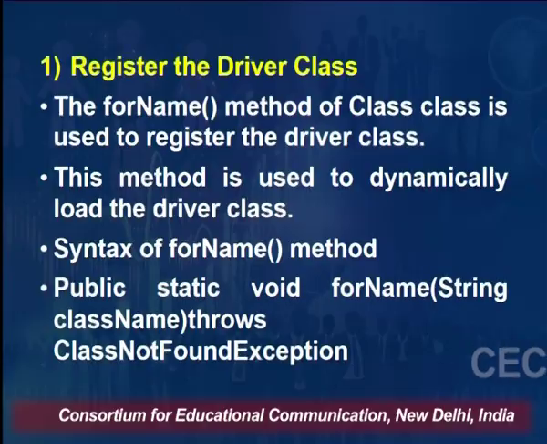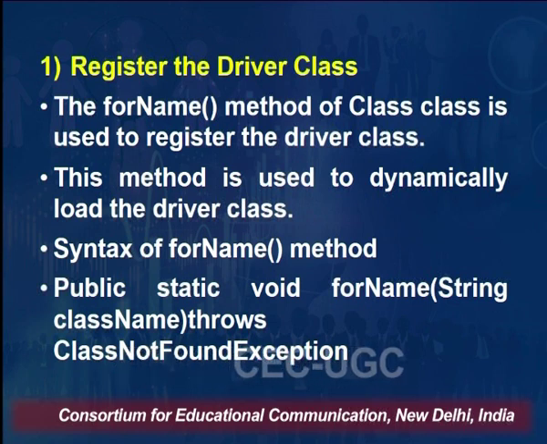But if that class name is not found, then this may throw a ClassNotFoundException. So the whole syntax of the forName method goes like this: public static void forName, within the brackets String className, throws ClassNotFoundException.